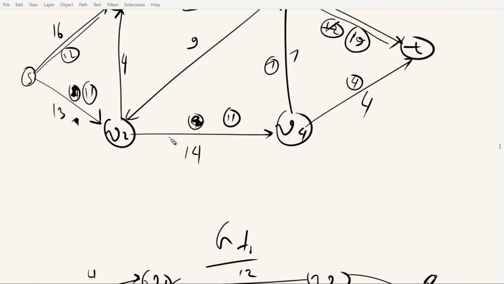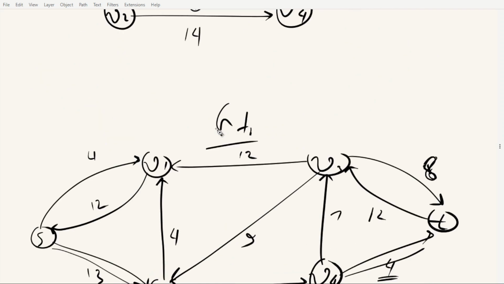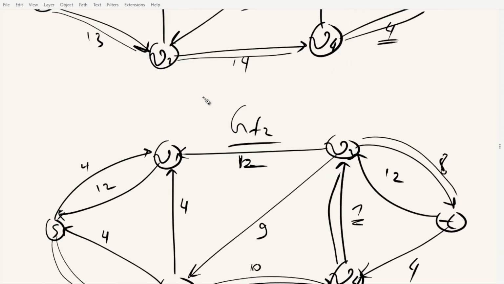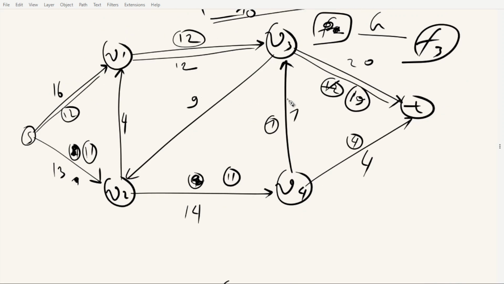14 minus 11 is 3. Forward is 3, backward is 11. Then V4 to V3 is only backward. Capacity is full. Backward 7.